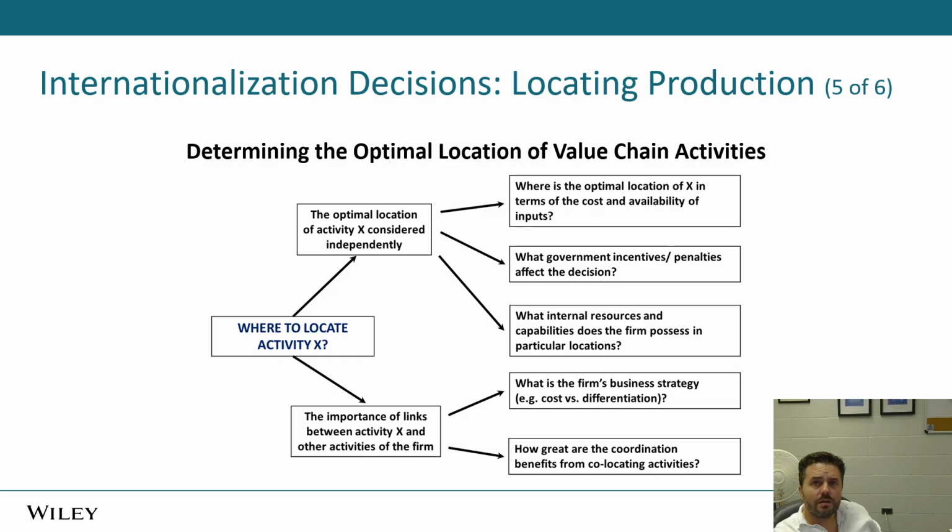So here's what you might call a decision process chart for deciding where to locate an activity. This is something you might want to think about with your strategic recommendations. All things being equal, where would be the best place to locate the activity? What's the lowest cost country of production?